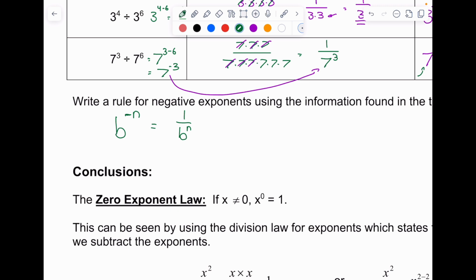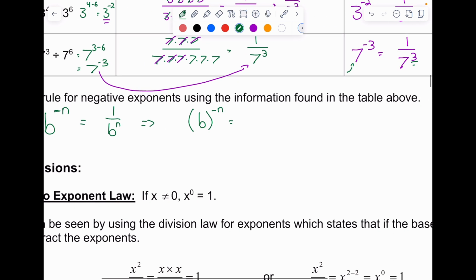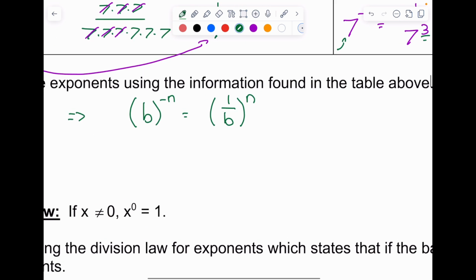And you might also see it commonly like this, okay? You might also see it in a bracket, and we will see this, to the negative n. This means you just take whatever's in that bracket and you write it over, 1 over, and then you just keep it as a positive exponent, okay?